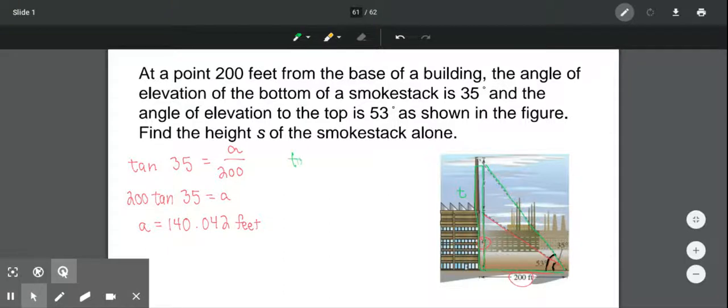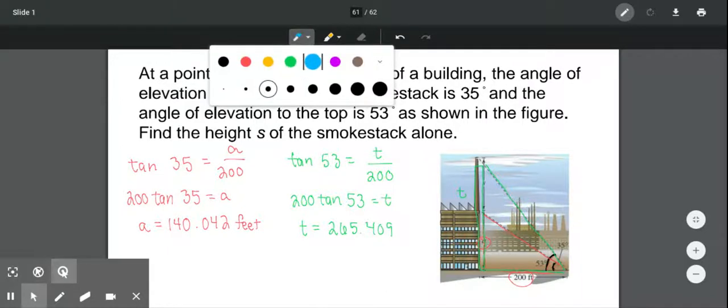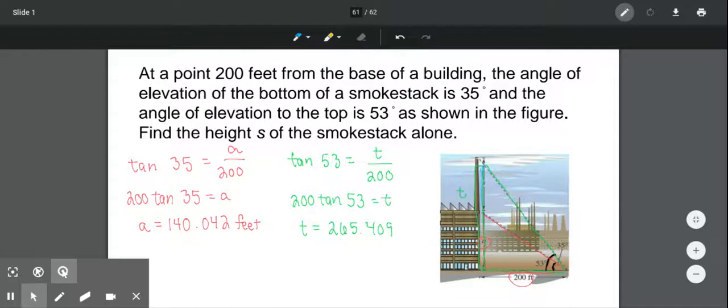So we'll say that the tangent of that angle, which they told us was 53, would equal T over 200. So 200 times the tangent of 53 equals T. So we get that the combination of the building and the smokestack is 265.409.